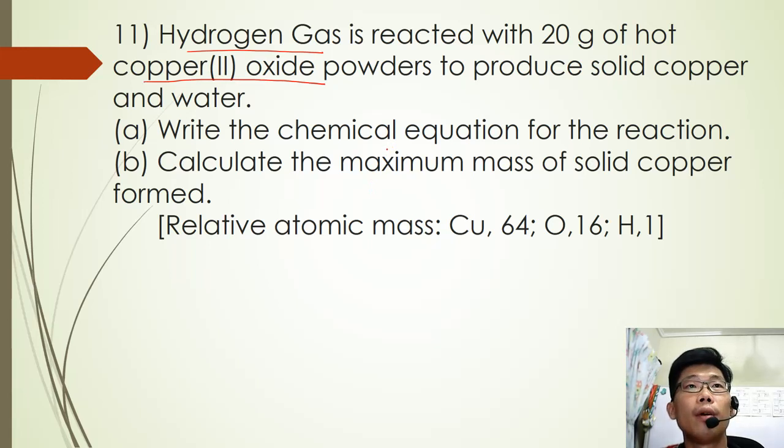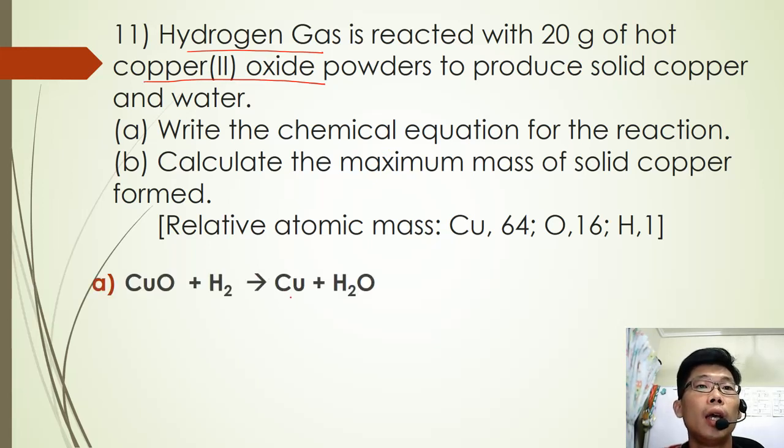The products formed will be copper and water. We double check: copper is 1, 1, it's balanced. Oxygen is 1, 1. Hydrogen is 2, 2. So this is a balanced chemical equation. All the reactants and products correct is 1 mark, and balancing is 1 mark, so all will be 2 marks.